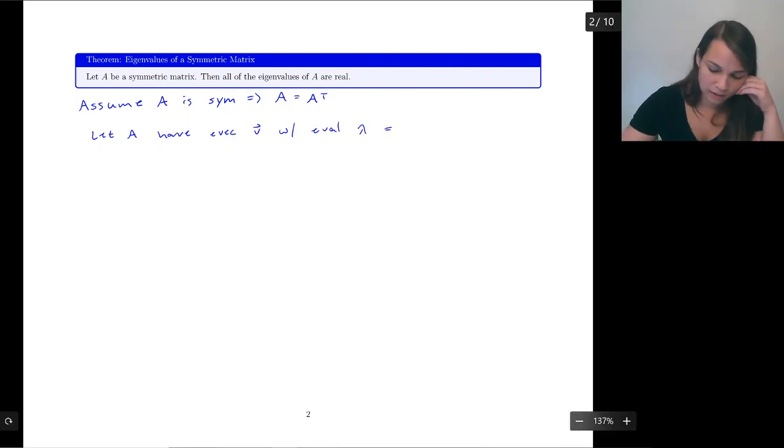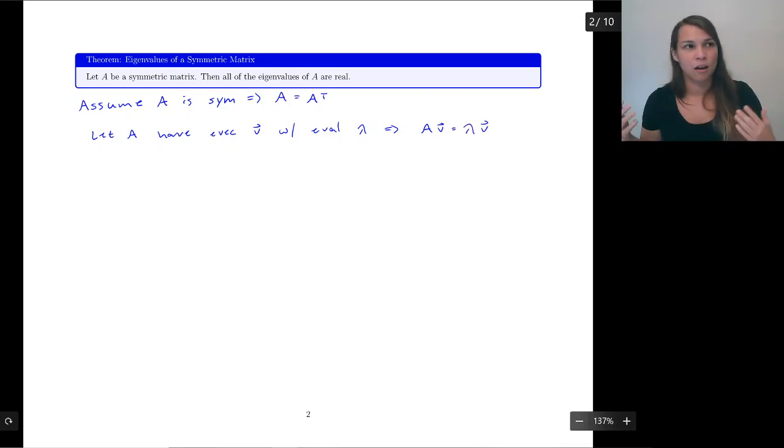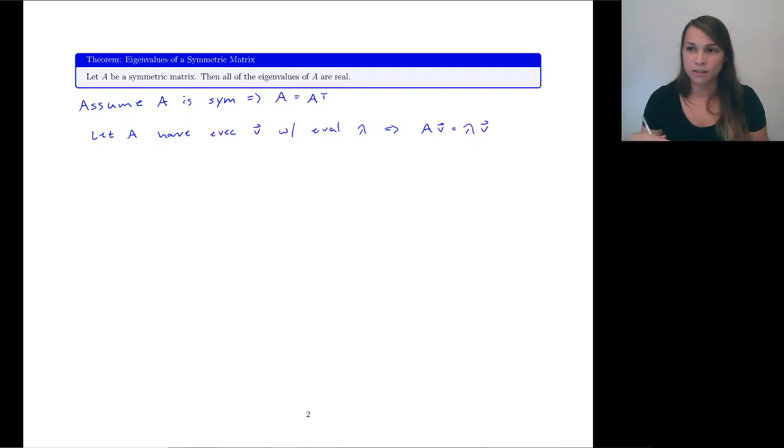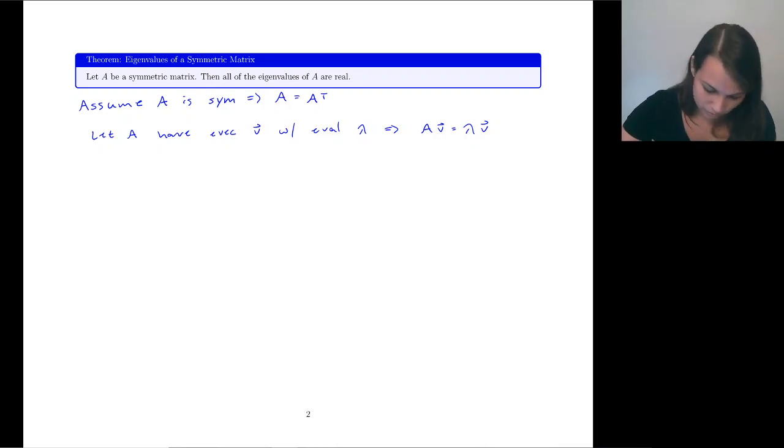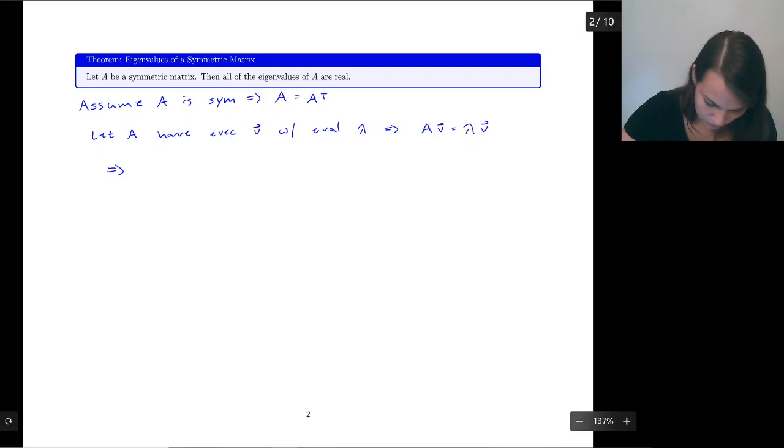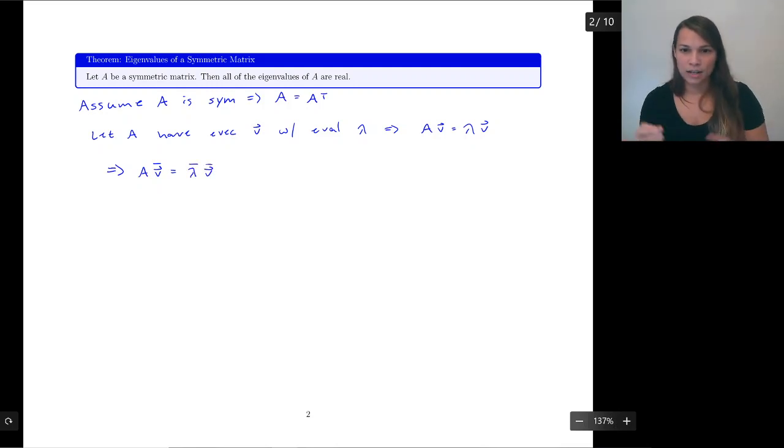So then we've got this equation. And remember when I told you that complex eigenvectors and eigenvalues come in pairs? Same idea, you just take the complex conjugate of both sides and you would get this. And so now the goal is to prove that lambda is real.